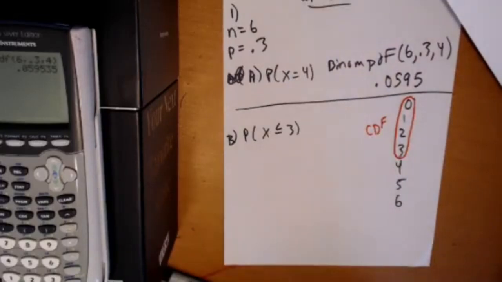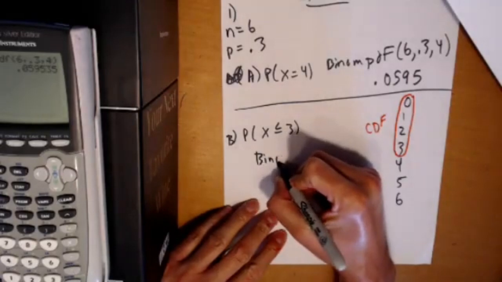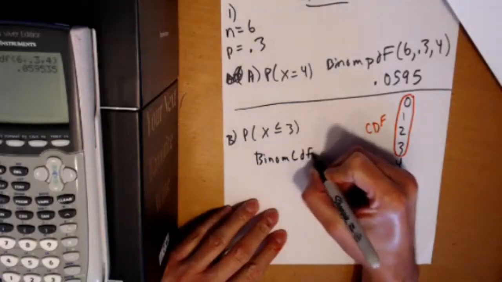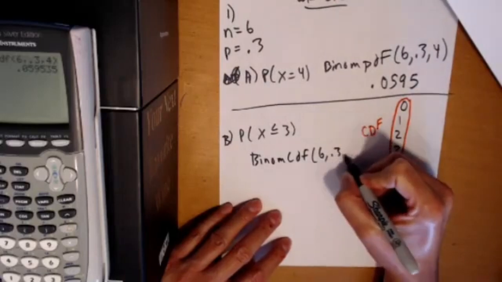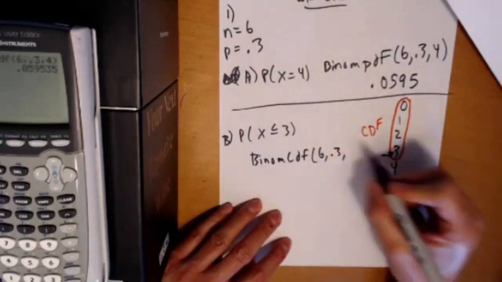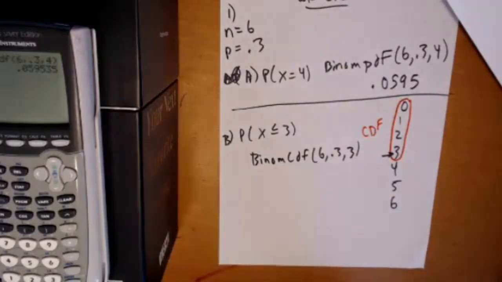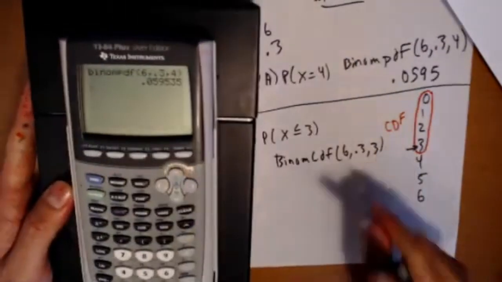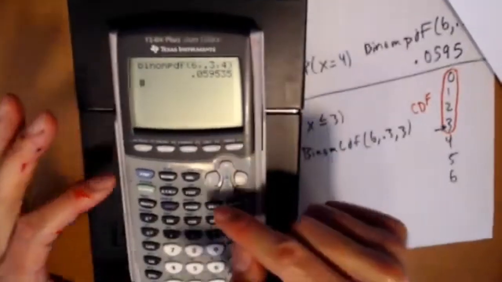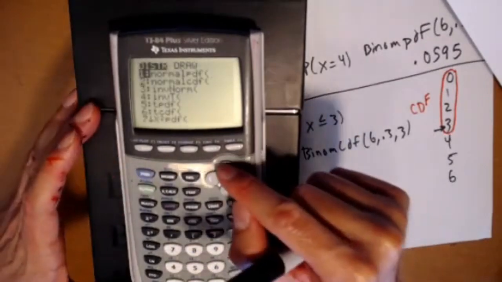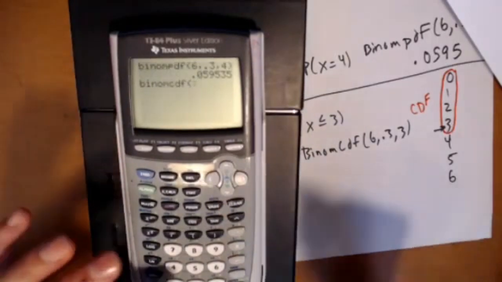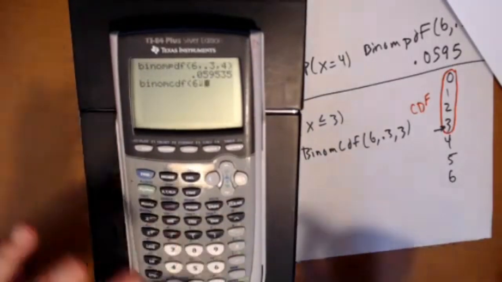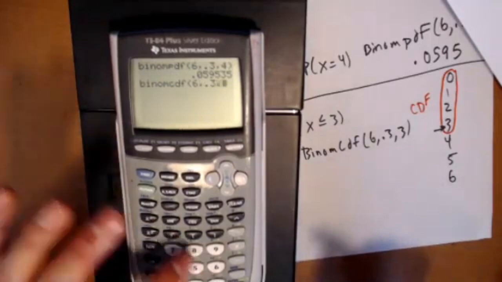So all we got to do is a CDF with 3. So it's just going to be the binom CDF. n is 6, the probability is 0.3, and the x is that number right there, 3. Okay, so we just go to distribution, CDF, 6, comma, 0.3, comma, 3.